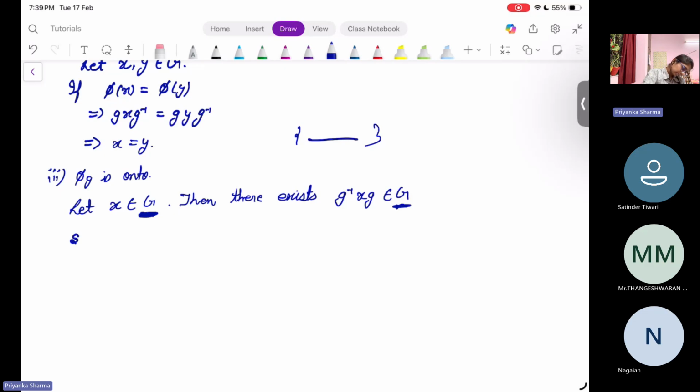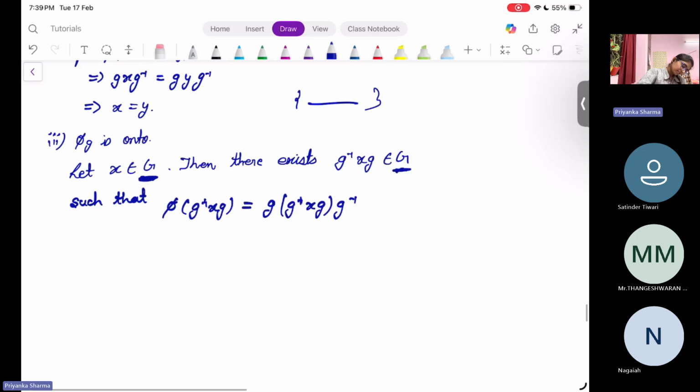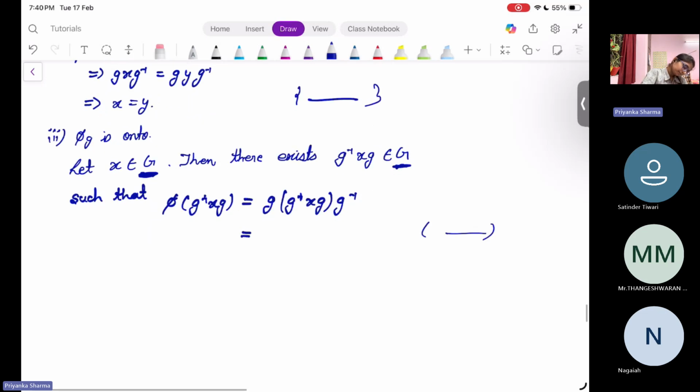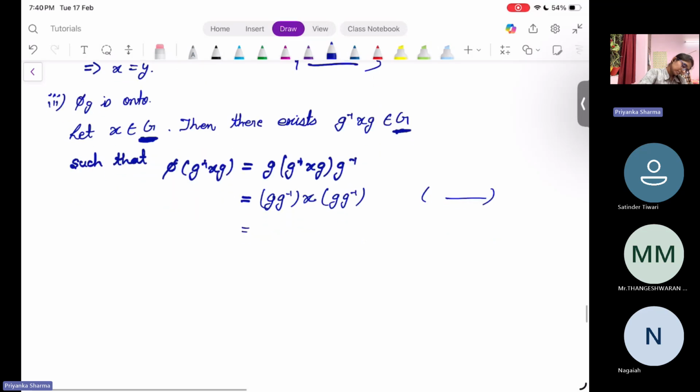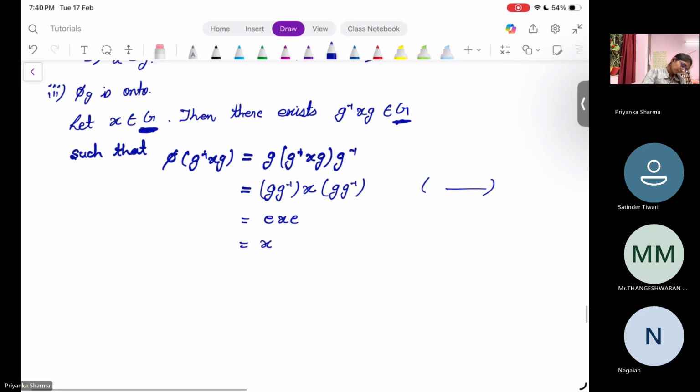Okay. Such that phi of g inverse xg, that is the image of this element, this will be g, the element, that is g inverse xg, then g inverse. Use the associativity, you will get g g inverse x, here it will be g g inverse. Now g and g inverse are inverses of each other, so this will be identity. And this will be x again. Okay, so you can say that phi g is onto.